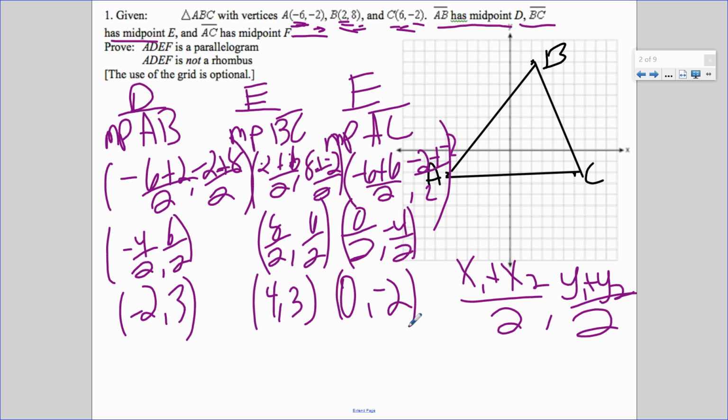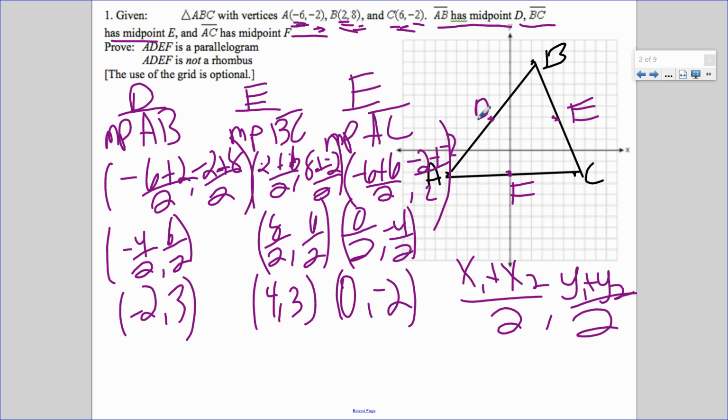So 0, -2 is F. 4, comma 3 is E. And -2, comma 3 is D. So all I did there was calculate the midpoints. I know it got a little messy, but I'm working with what I got here.